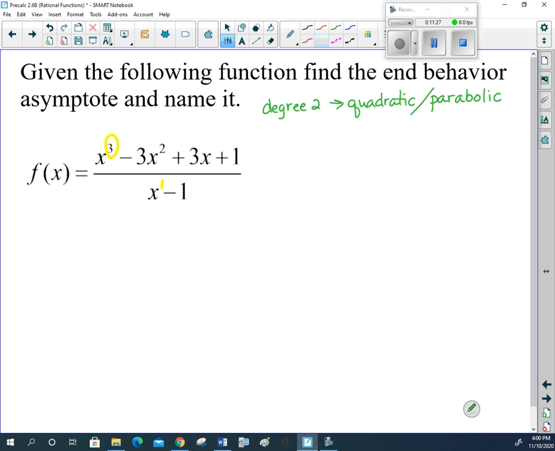Okay, to actually figure out what it is, the equation, this is why we learned how to do division. You have to divide the denominator into the numerator. So since this is an x minus 1, that's a perfect setup for synthetic division. So you could do long division if you wanted, but I'm going to do a synthetic chart. So I'm going to put 1 in the box, put my coefficients out in front, and then we're going to run it through the chart.